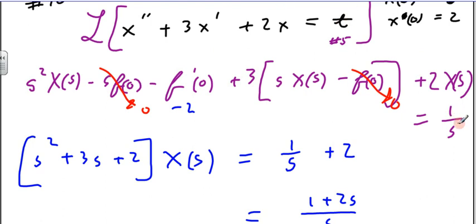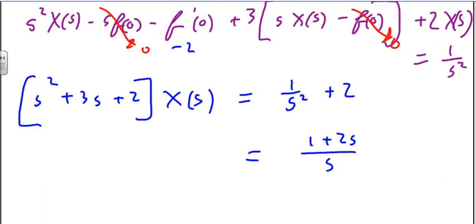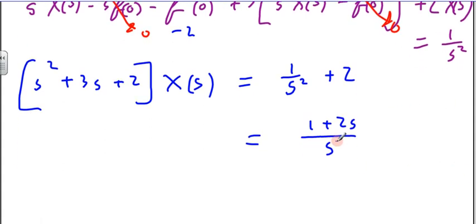This guy should be s squared. 1 over s would be if that was a number. S squared, s cubed, s squared.